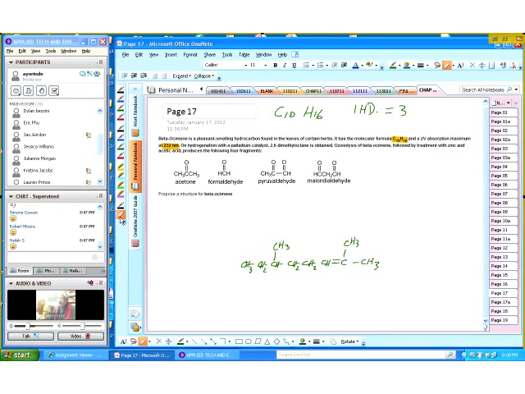So I take this off, take one off here, and then there must be a double bond here.